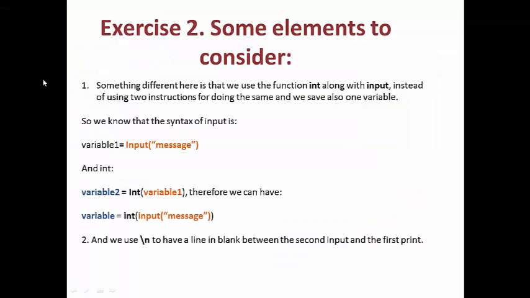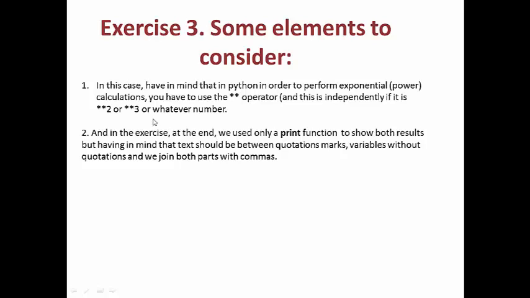Have in mind that in Python, in order to perform the arithmetic operation of exponentiation, we use the double asterisk operator. This is independent of whether you want to power a number to 2, to 3, to 1 million, whatever. The symbol is the same, double asterisk.